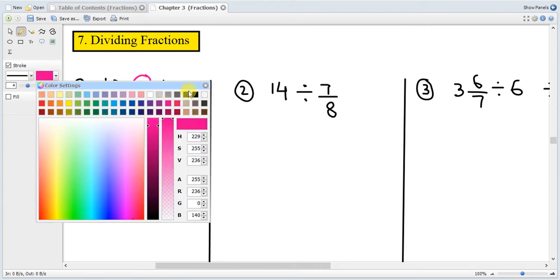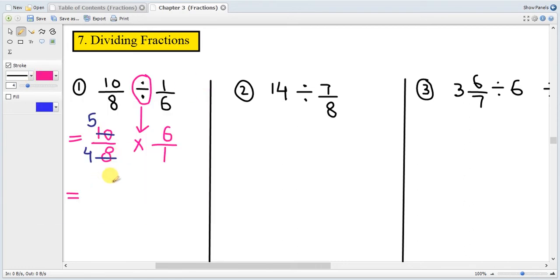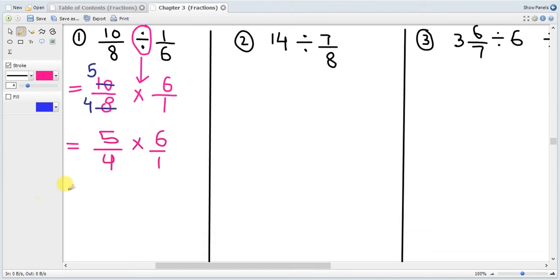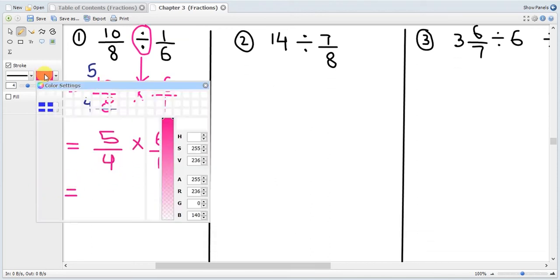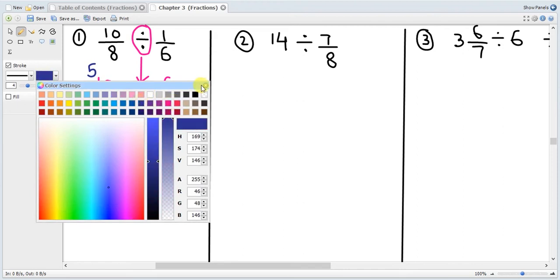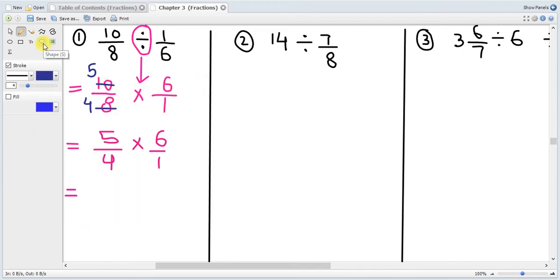Now write the new fraction as it is down, which is 5 over 4 times 6 over 1. Okay, now again check whether we can further simplify it or not. We have to keep on checking until it cannot be simplified further. Now let's go for the possibilities, check all the 4 possibilities.